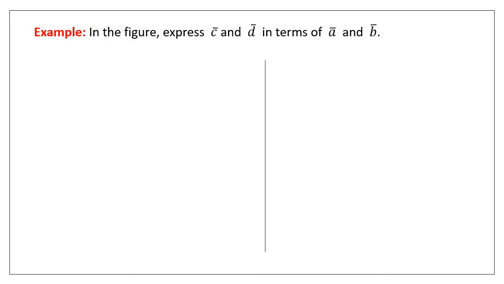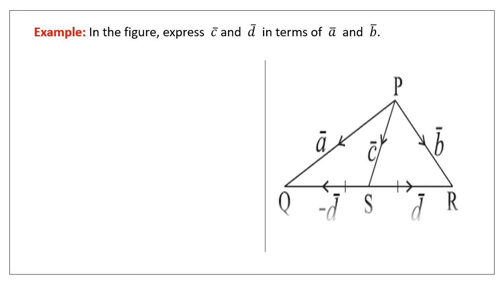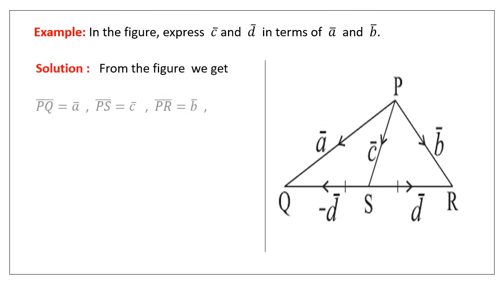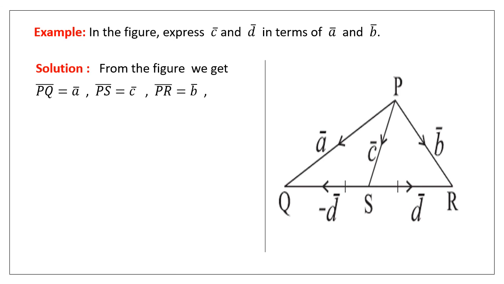Example, in the figure express C bar and D bar in terms of A bar and B bar. Look at the figure student. From the figure we get PQ bar equals A bar, PS bar equals C bar and PR bar equals B bar.